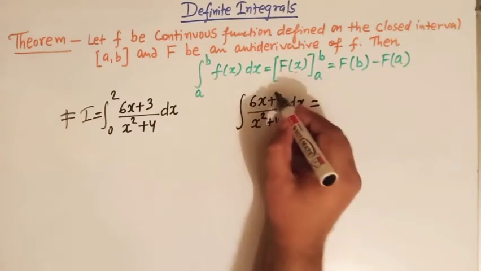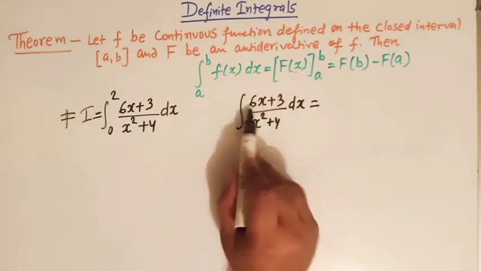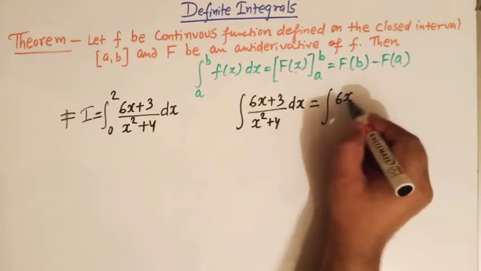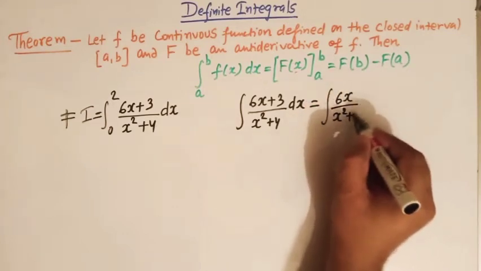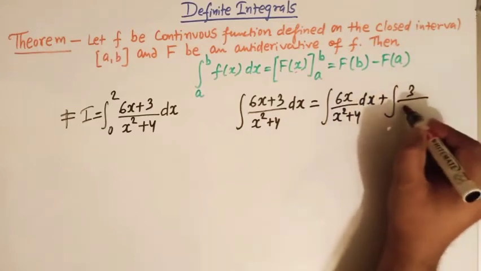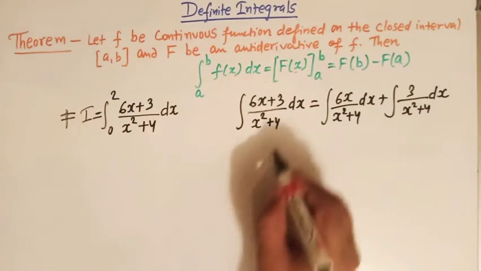Now what we will do, we'll split this integral into two integrals. So first is 6x over x square plus 4 dx, then we'll have 3 divided by x square plus 4 dx, right?